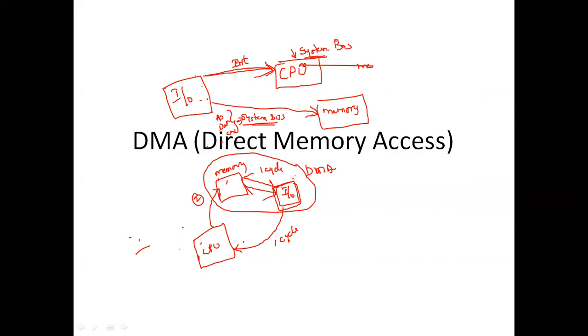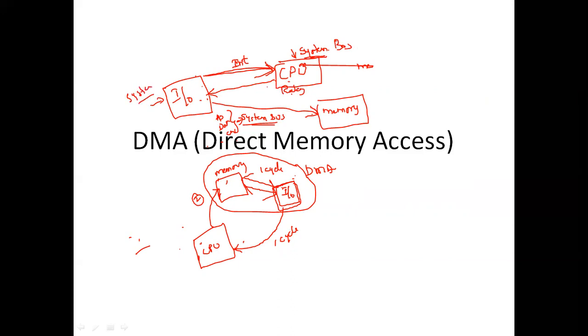Then the CPU releases the system bus, acknowledging to the IO: okay, I'm releasing my system bus, you take care of it and transfer the data. Now the CPU has released the system bus and it is with the IO.